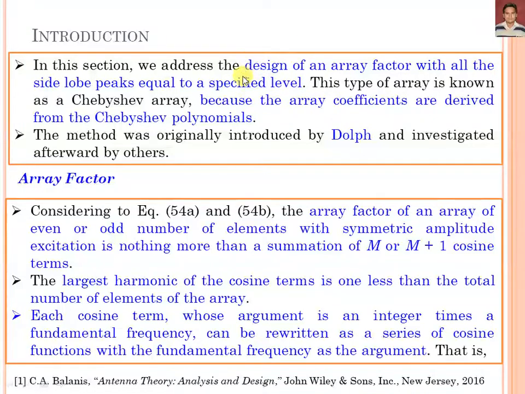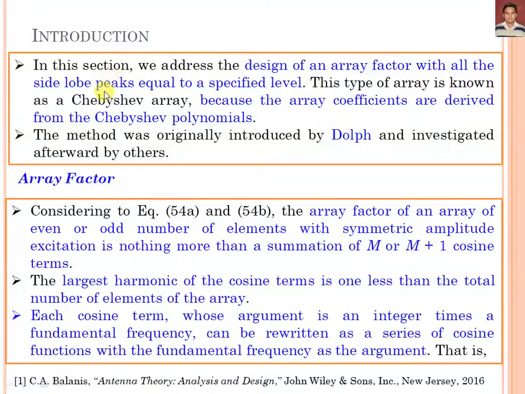But in the case of binomial array, we are considering non-uniform amplitude but equal spacing. And in this section, we have to analyze the array factor with side lobe peaks at a specified level.